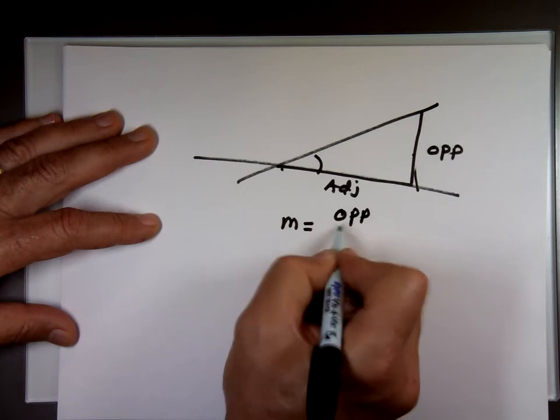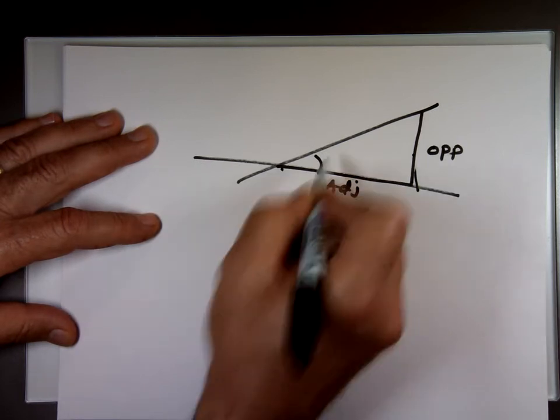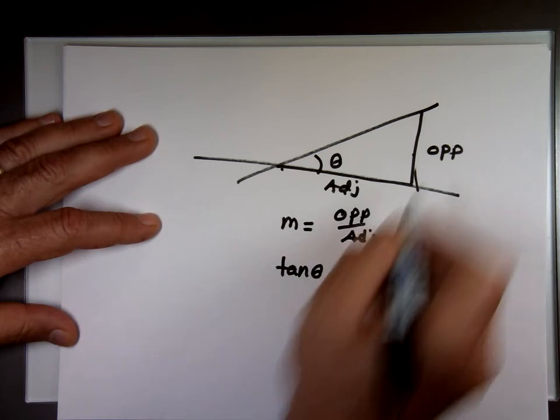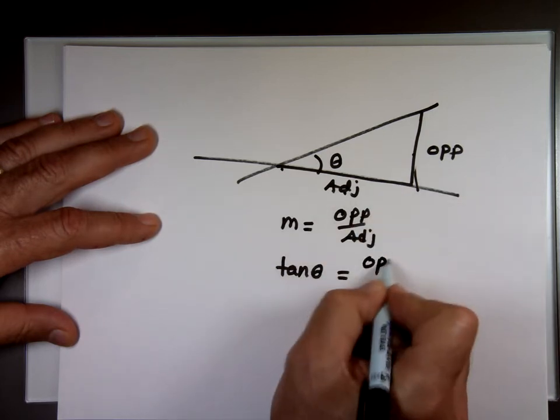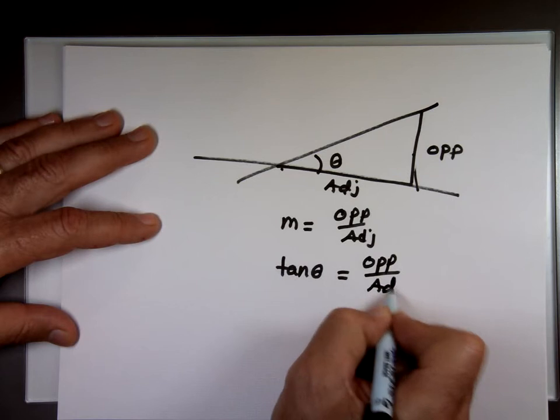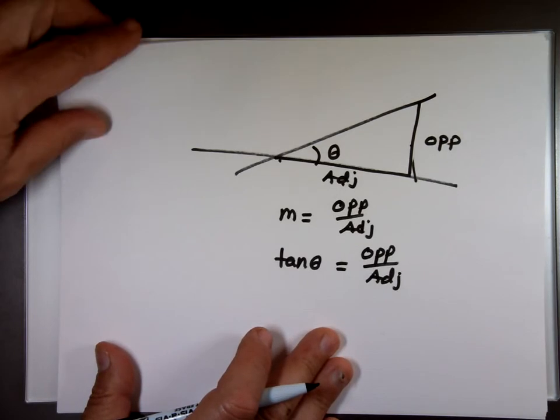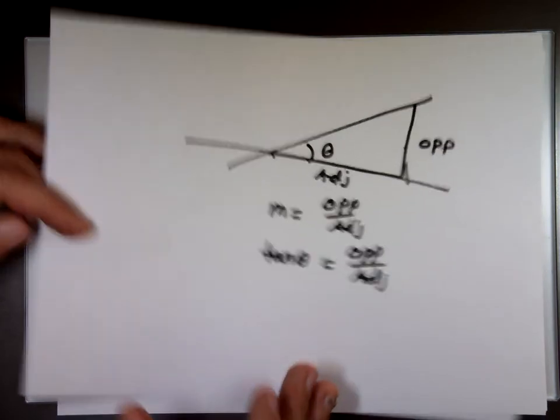And tangent is the opposite over the adjacent. So when you have a straight line, the slope is really tangent theta. I don't know if that answers your question. He wants to know why it wasn't called m tan. I don't know, maybe they have it for something else.